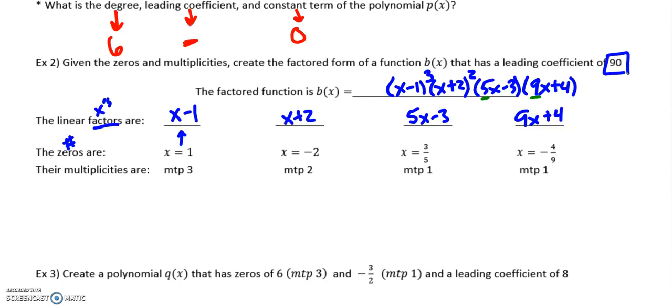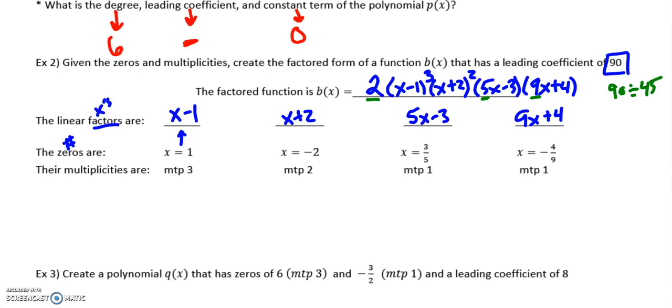I said you just multiply by that number. It doesn't matter for the zeros, but now it does for the leading coefficient. So if I stick a 2 out front, if I take 2 times 5 times 9, that's going to give me 90. Or I could have just taken the 90 and divided by what I already have, the 45, and that would have given me my answer.